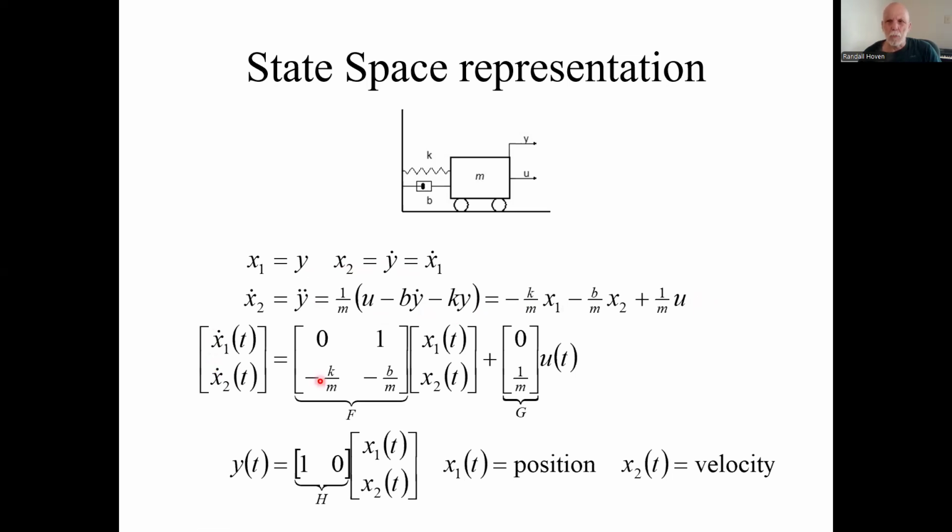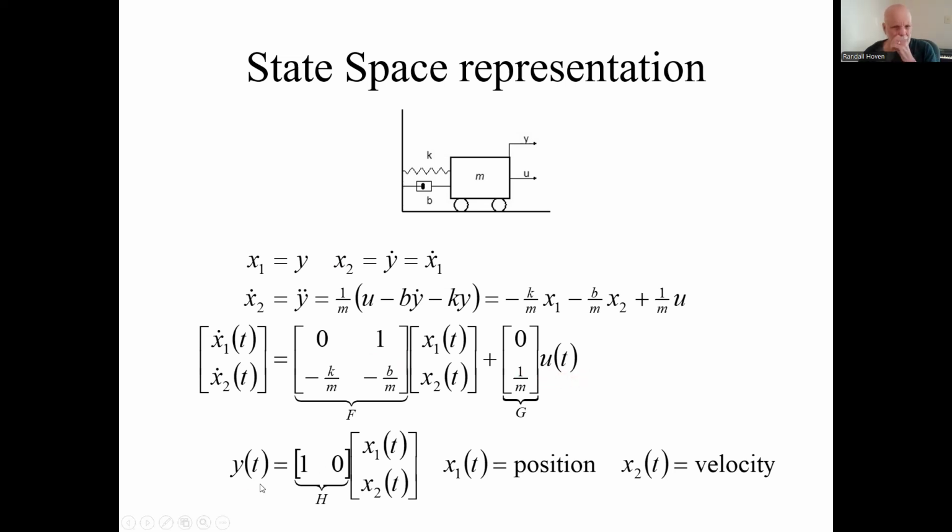So we could write this matrix equation involving x's. x1 dot and x2 dot, with this little vector of derivatives, this vector of state variables. Here is a matrix. Here's another matrix. Here's the input.